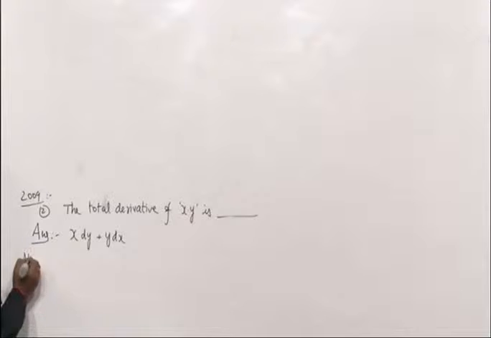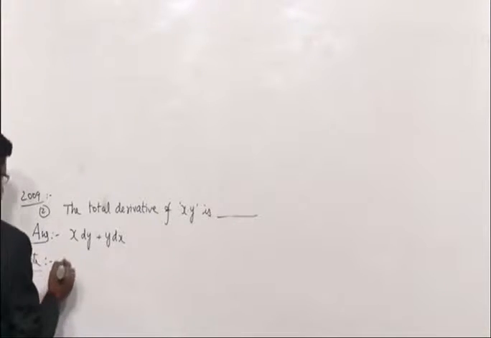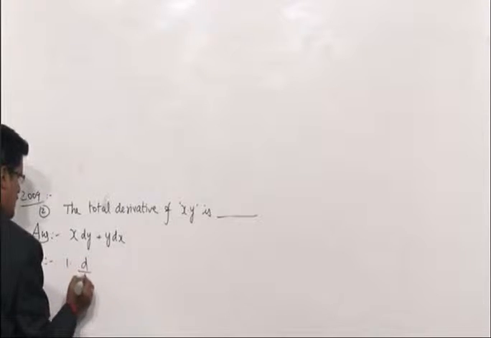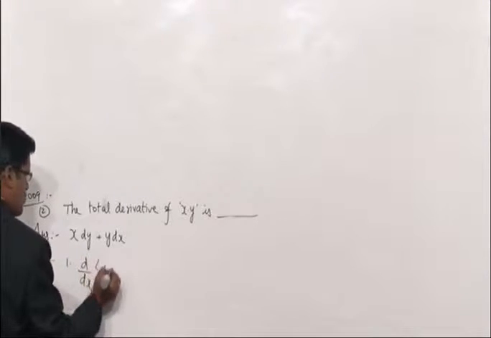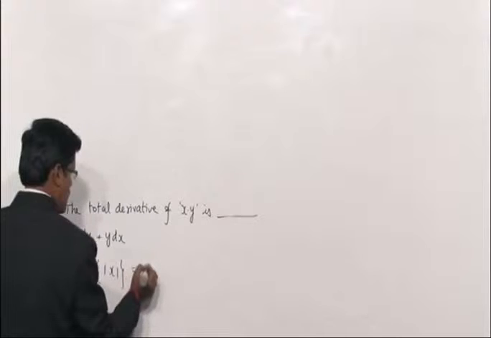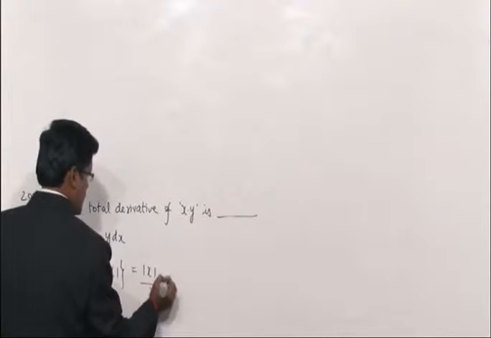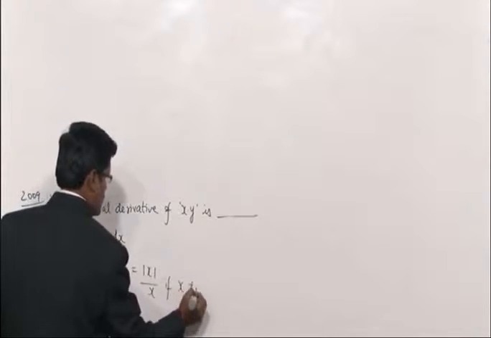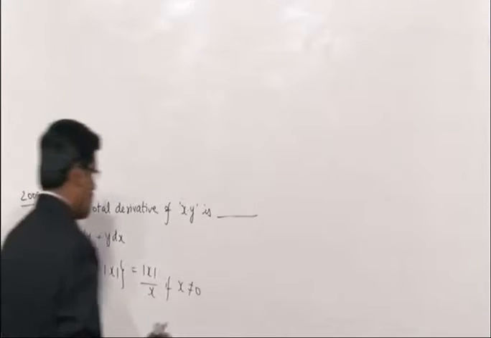In differentiation, sometimes you remember, that means sometimes questions are asked on this. The derivative with respect to x of mod x is mod x by x if x is not equal to 0. So it is better to remember this result as a formula.